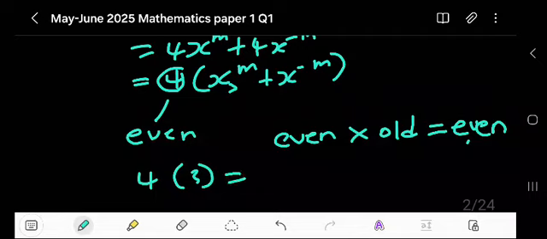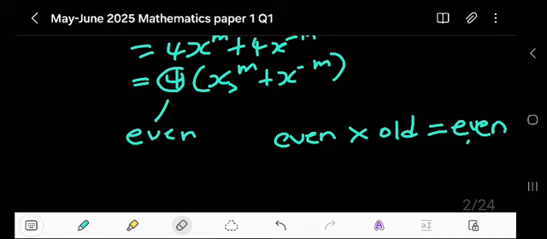If you multiply 4 by 3, you'll get 12, which is an even number, divisible by 2. Any number that you put, when you multiply an even with an odd, you'll always get an even. And an even number is divisible by what? By 2. And so you can tell the examiner, you can write like this.